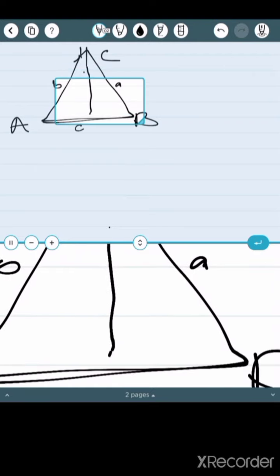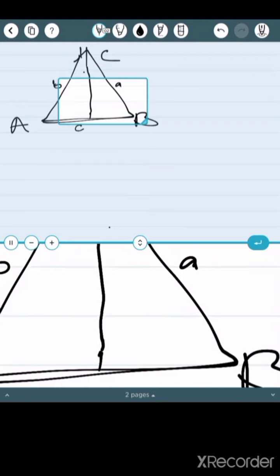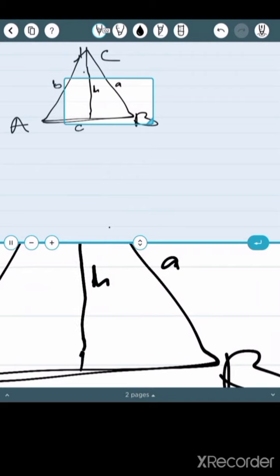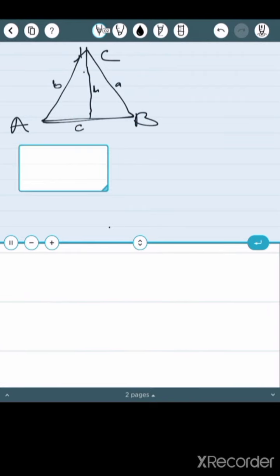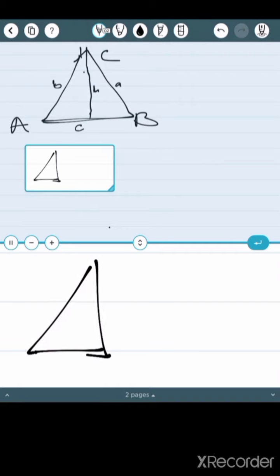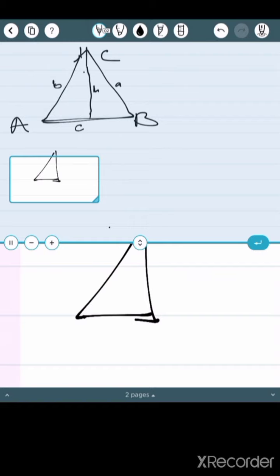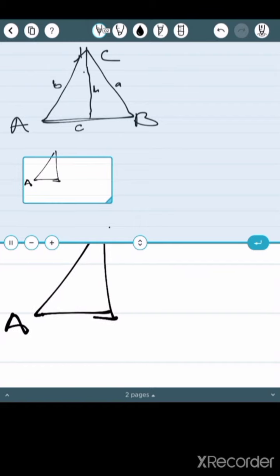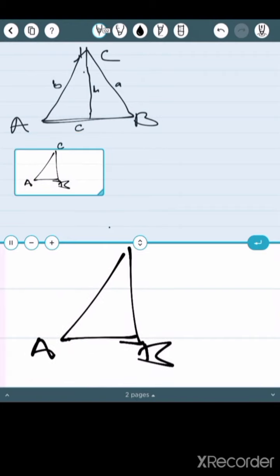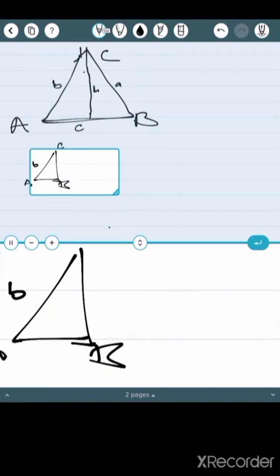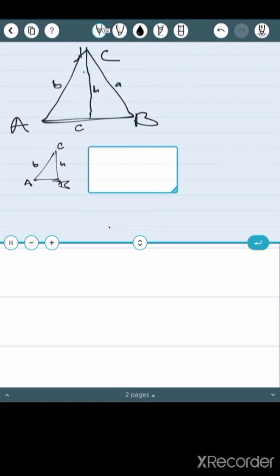Yeah, so when we cut our triangle like that, this becomes the height or the altitude of the triangle. When we do that, we see that we now have two triangles, and the sides will become A, B, and C, that one becoming B, this one simply becoming the altitude, which is the height.